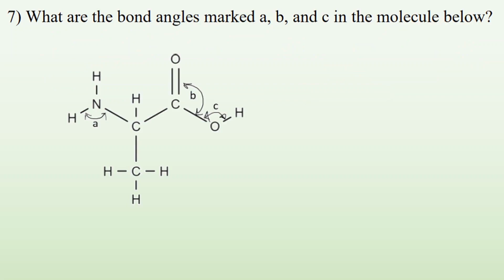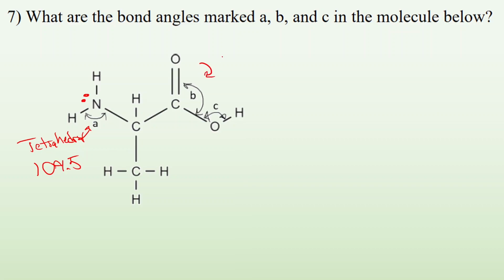Number 7. What are the bond angles marked A, B, and C in the molecule below? All right, so what they don't show you here is the non-bonding electrons on nitrogen. So if we take a look at A, its electron geometry would be tetrahedral, which means its bond angles are 109.5 degrees.